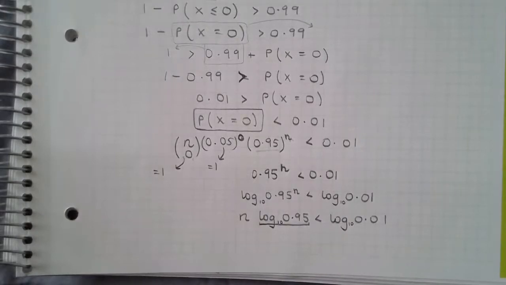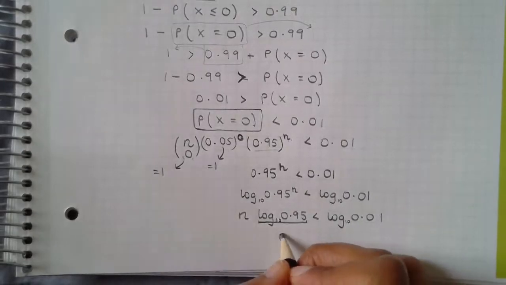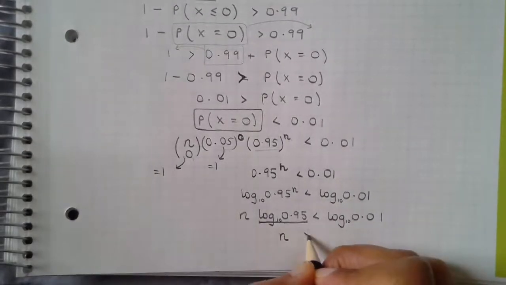Now if we ever divide in an inequality by a negative number, what happens? The inequality flips, that's right. So that means n is greater than log base 10 of 0.01 over log base 10 of 0.95.